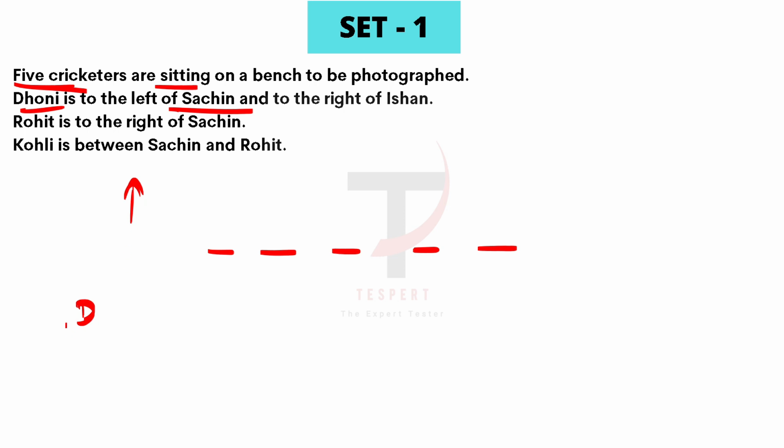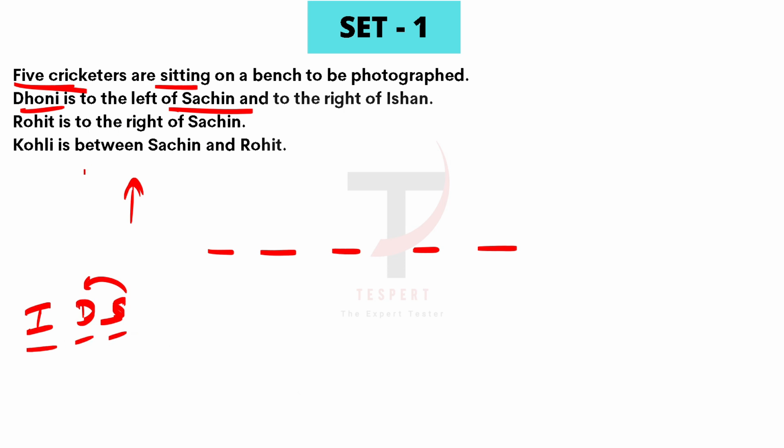So if this is Sachin, Dhoni is definitely left of Sachin and to the right of Ishan. So Dhoni must be right of Ishan, so Ishan must be left of Dhoni. The pattern is I, D and S.